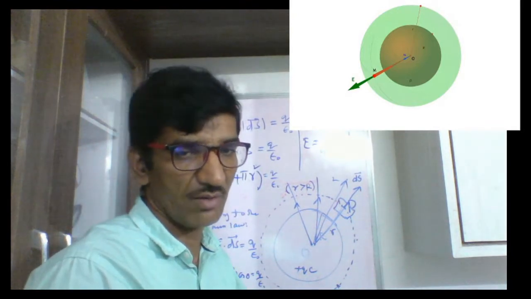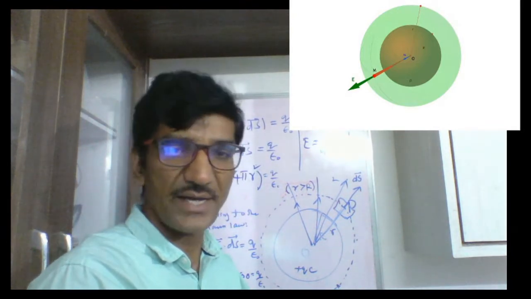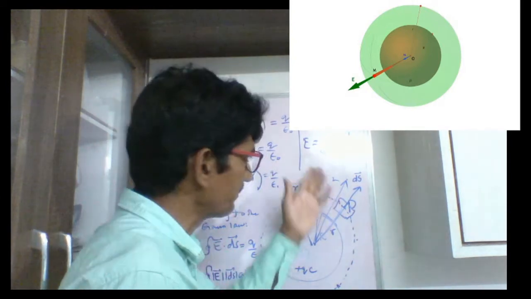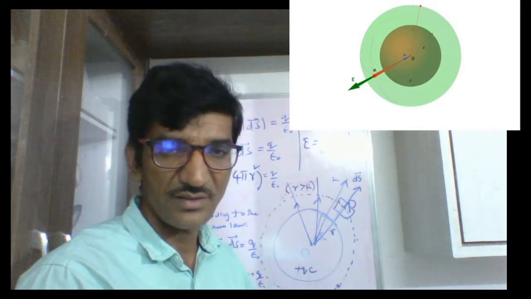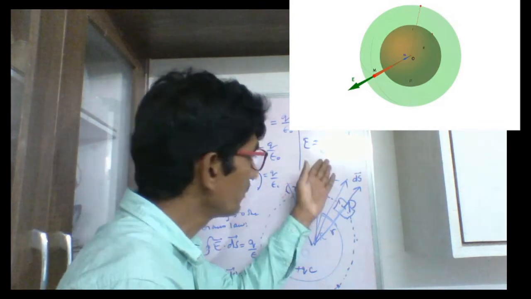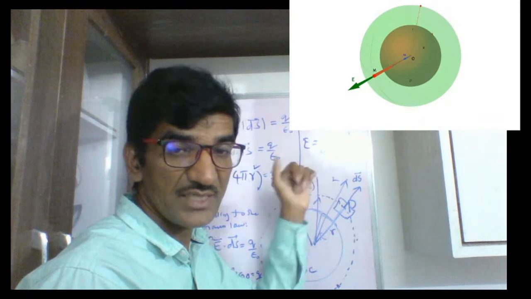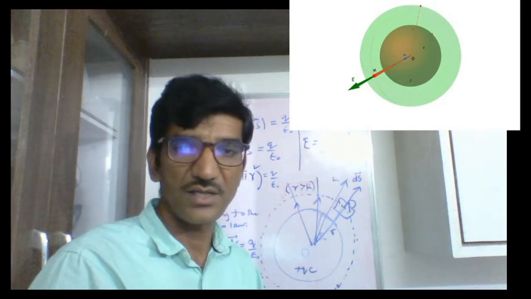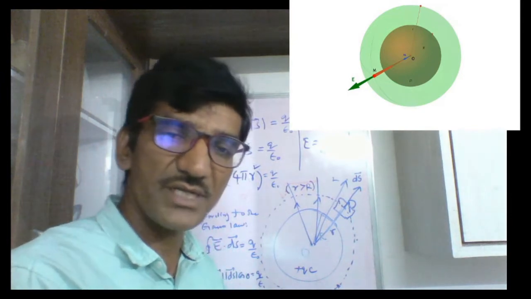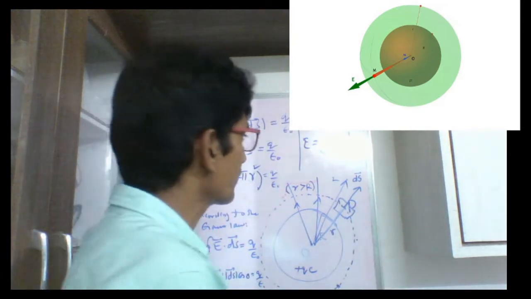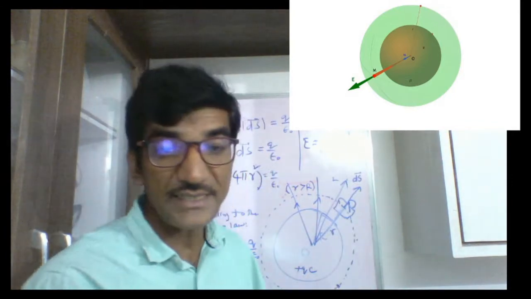In those two problems also, for outside points, the electric field intensity is the same as this one. We got the same expression, E is equal to 1 by 4 pi epsilon naught Q by r square, in the case of a point object and in the case of a spherical shell, for outside points.